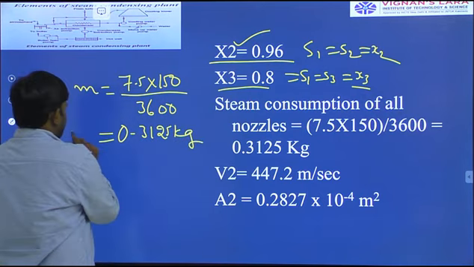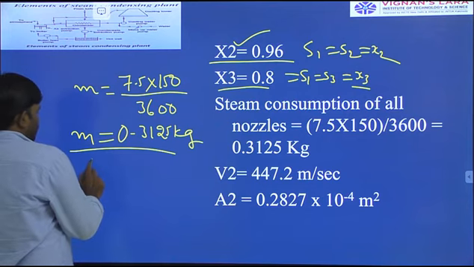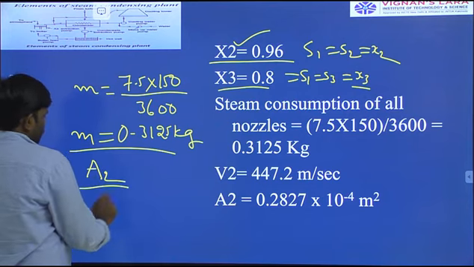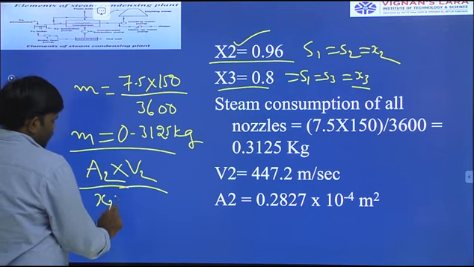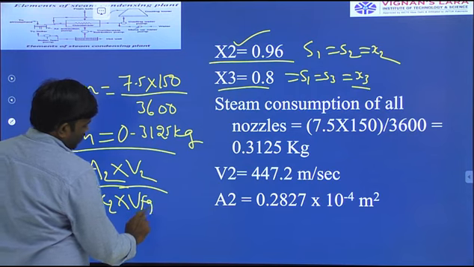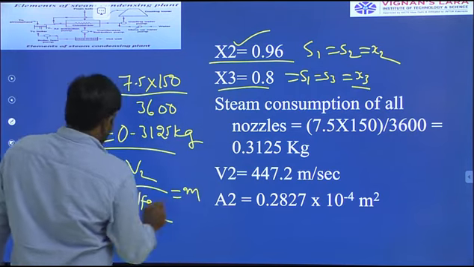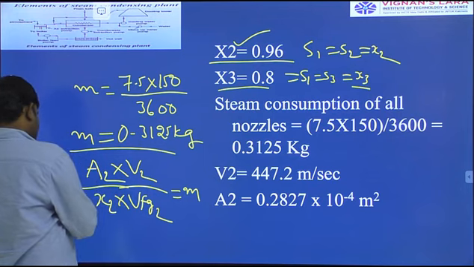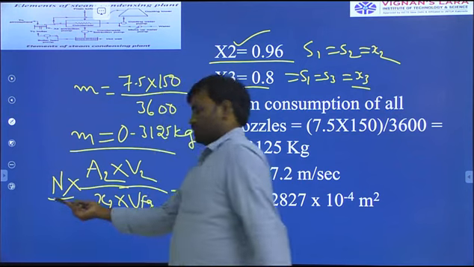This is the total mass of all nozzles. Then you apply the mass balance equation, A2V2 divided by X2 into VFG at pressure P2, which is equal to the mass flow for all nozzles.